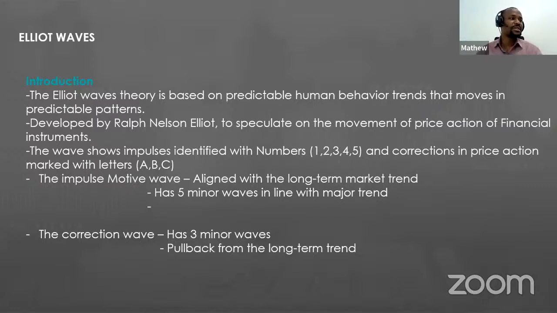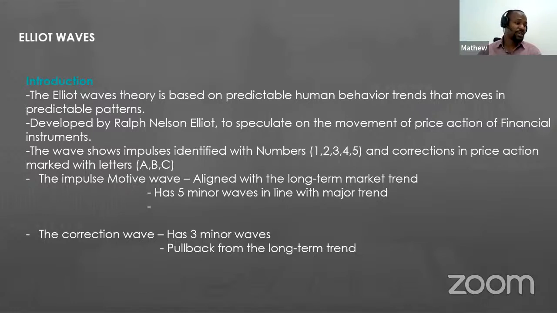They are actually called the motive wave, and then you have the correction, or the impulse and the correction. So the impulse wave is usually aligned with the long-term market trend. There are 5 minor waves in line with the major trend, and then in between you have corrections or pullbacks, and the pullbacks have 3 minor waves, and it's a pullback from the long-term trend.